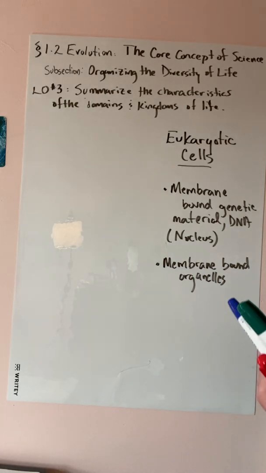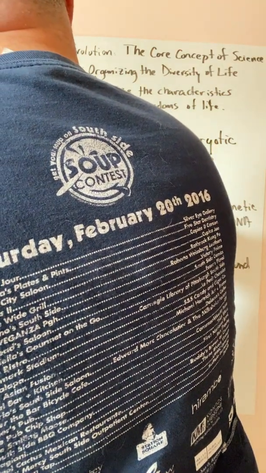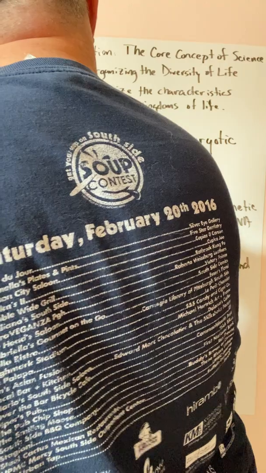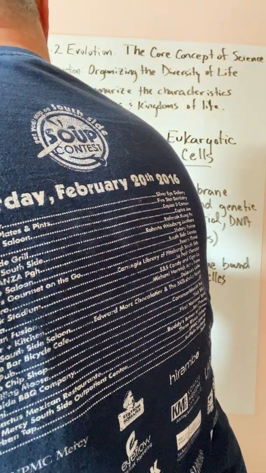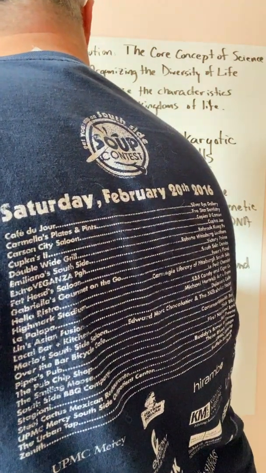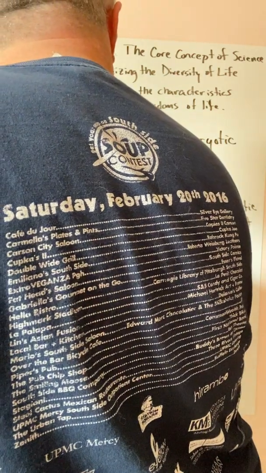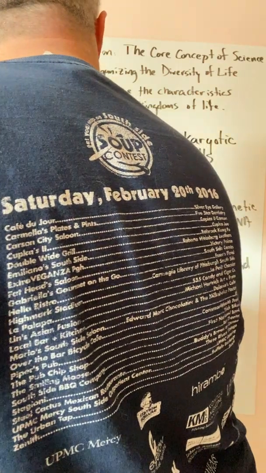The other type of cell is called a prokaryotic cell. In a prokaryotic cell, we do not have membrane-bound genetic material. So, this is the distinguishing characteristic. No membrane-bound genetic material or organelles.